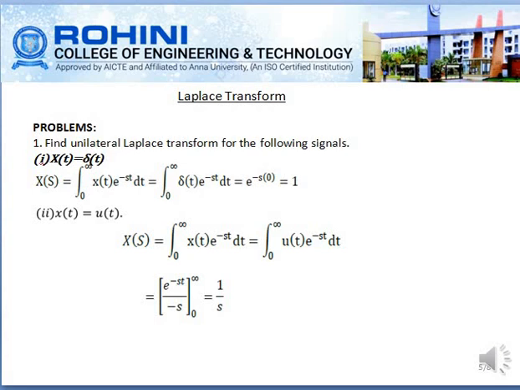Then x(t) equal to u(t). u(t) is a unit step signal. So X(s) equal to the integral from 0 to infinity of x(t) e^(-st) dt. Substitute x(t) equal to u(t): the integral from 0 to infinity of u(t) e^(-st) dt. u(t) holds the amplitude of 1 if the time is between 0 and infinity.